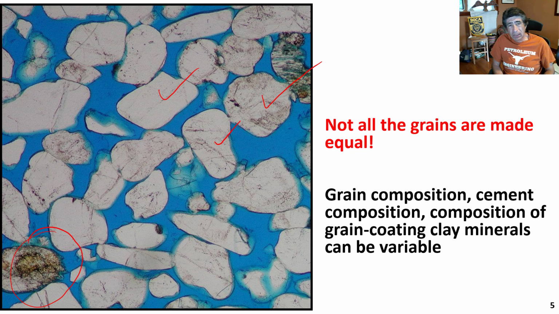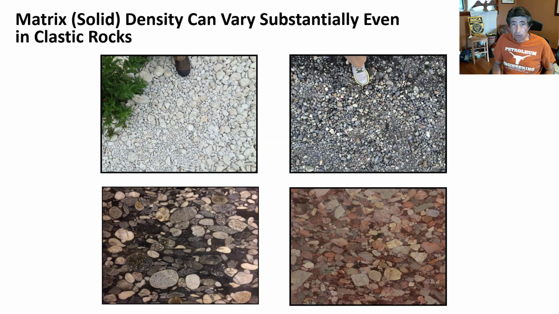This can happen in very complex rocks. Carbonates are one example of that. So it's important. Also, please bear in mind that we don't expect to have the same grain composition everywhere in depth. So depth by depth or formation by formation, we have to take all of these into account.